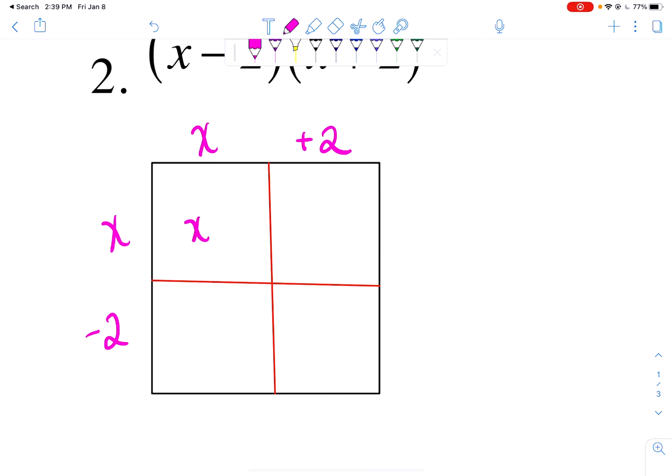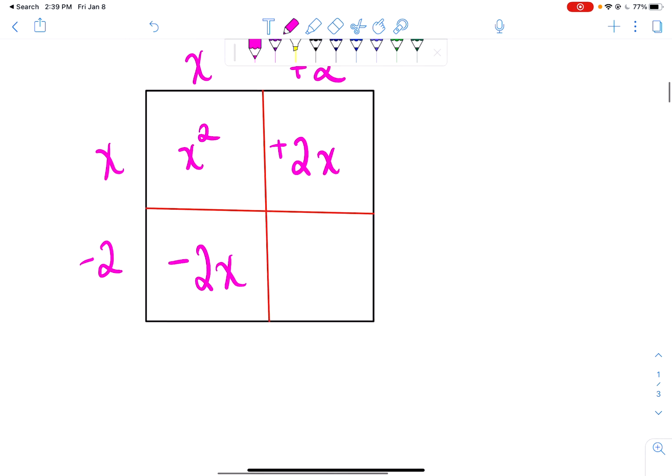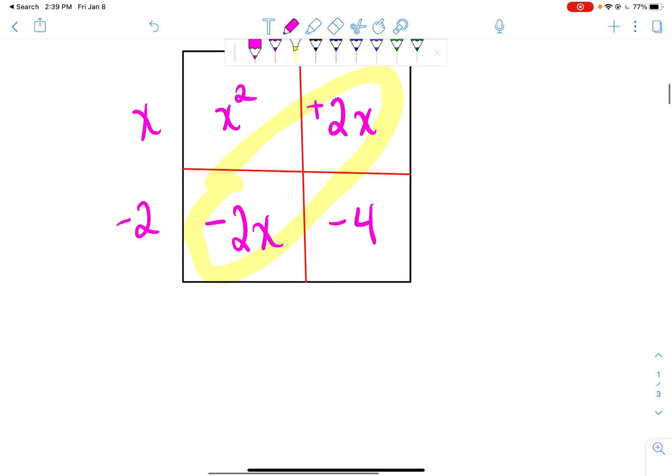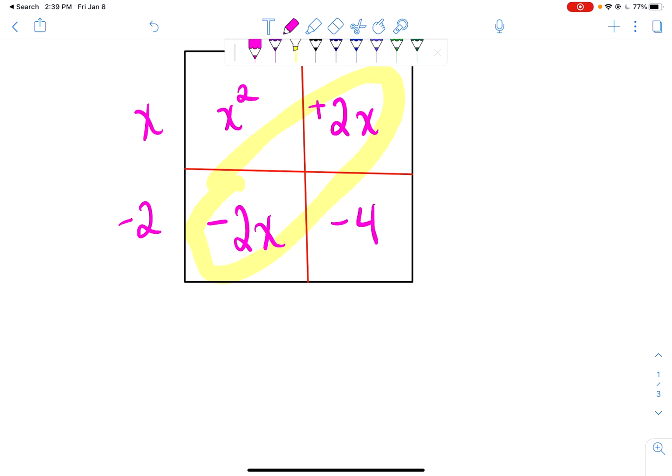It's x squared. X times 2 is 2x. If you want, you can put the positive. Negative 2 times x is negative 2x. And negative 2 times 2 is negative 4. Highlight that diagonal. Boom, they cancel each other out again. Negative 2x plus 2x is 0. So when I multiply x minus 2 by x plus 2, I get x squared minus 4 as my final answer.